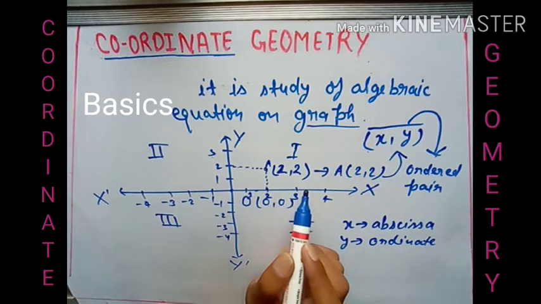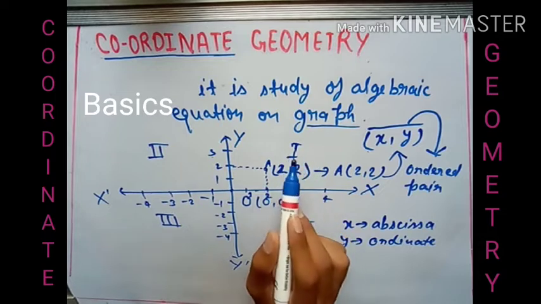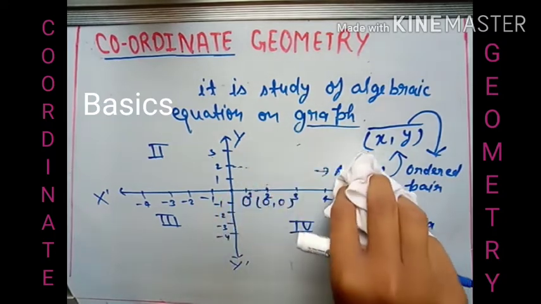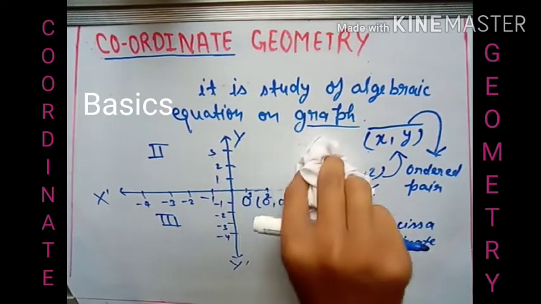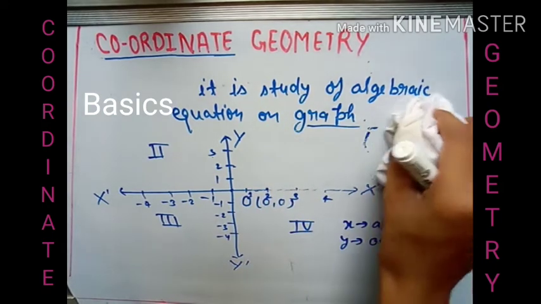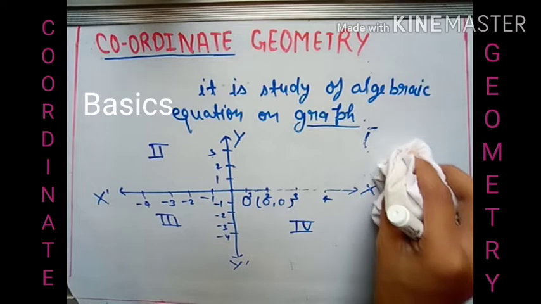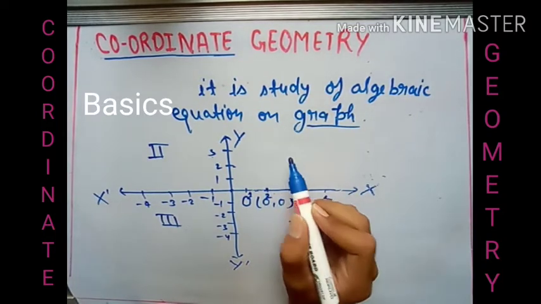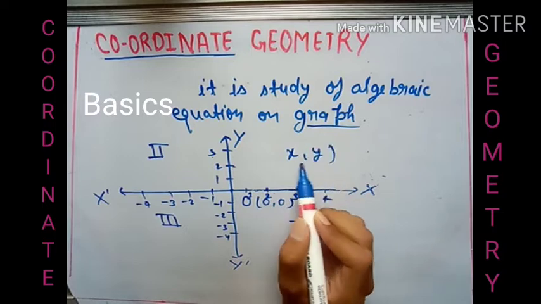Exactly. So if I erase this, and for generalizing the point, suppose we want to take some general point (x, y). In this situation, what will we do? We will take a point (x, y).